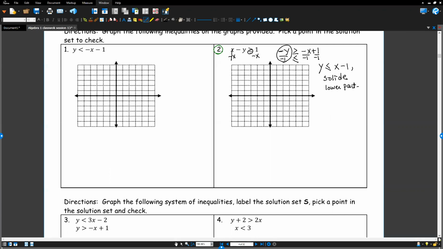Lower part is the solution set. Now let's make a graph over here. Y equals x minus 1. This is the line over here, okay? The y-intercept is negative 1, the slope is 1, that is the next point.